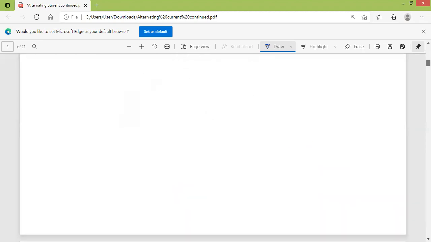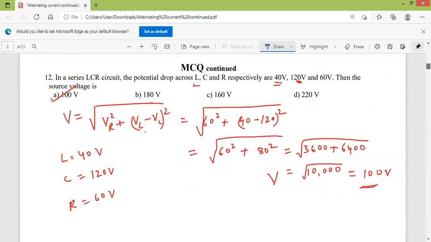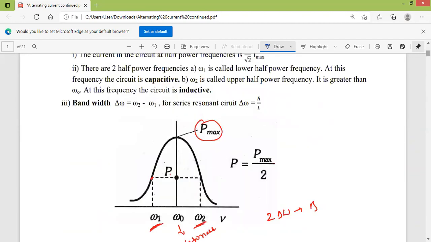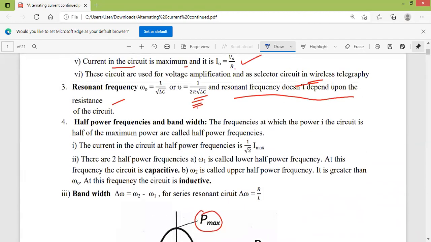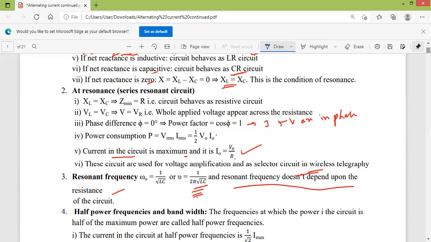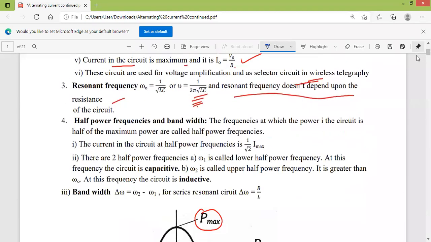Look here. VL is equal to VC. That is, the voltage across the inductor is equal to the voltage across the capacitor at resonance.